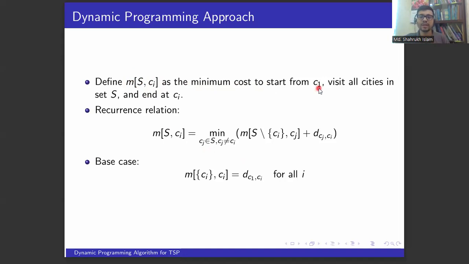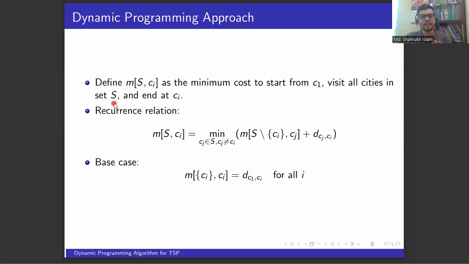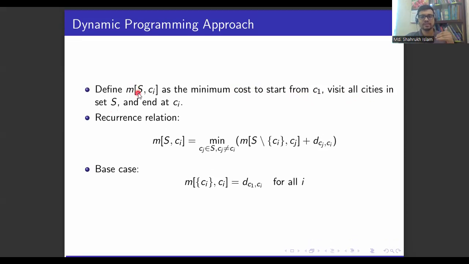We are assuming that we are starting our tour from C1, because as this is a cycle, we can start from anywhere. So M(S, Ci) is the minimum cost to start from C1, visit all cities in set S, which is a set of some cities, and end at Ci.